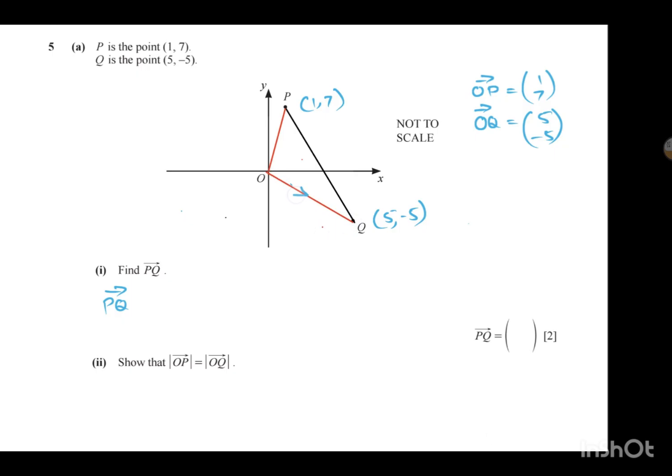So OQ is O to Q, OP is O to P, and PQ will be from P to Q. To go from P to Q, we have to go the negative way, that is PO and then OQ. PO plus OQ. Now PO is the reverse of OP, so it becomes minus OP plus OQ. So that means this is OQ minus OP.